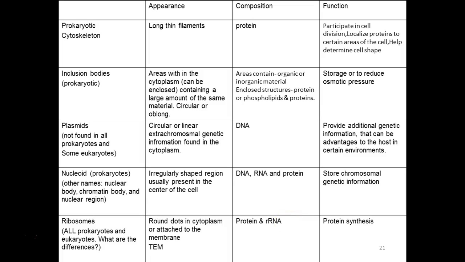So their composition, their exact protein sequence, their ribosomal RNA sequence is different, and their sizes are different. Who's larger? Eukaryotes. What's their size? 80. And what are prokaryotes? 70.